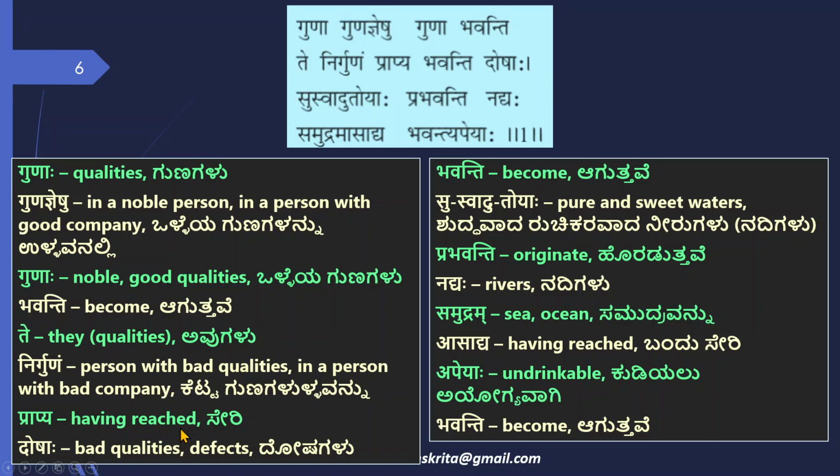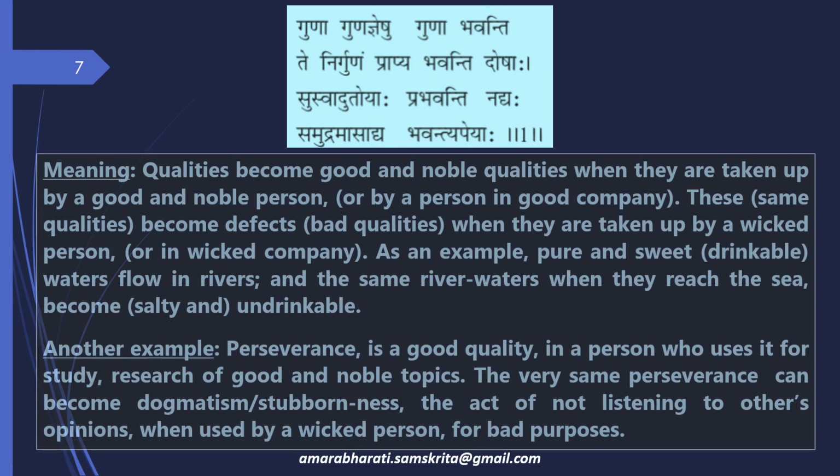Prapya, having reached, having attained. Doshaha, bad qualities. Bhavanti, become. Susvadu toyaha, pure and sweet waters. Prabhavanti, originate. Nadyah, rivers. Samudram, sea, ocean. Asadya, having reached. Apeyaha, undrinkable. Bhavanti, become. Let us look at the meaning of this Subhashita.